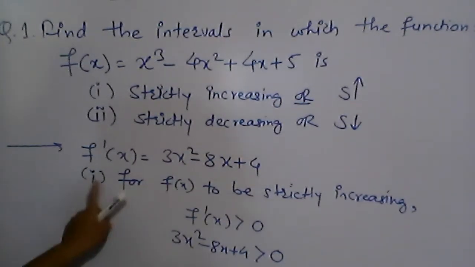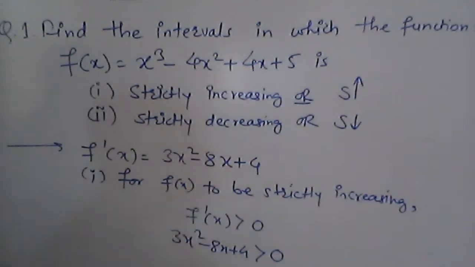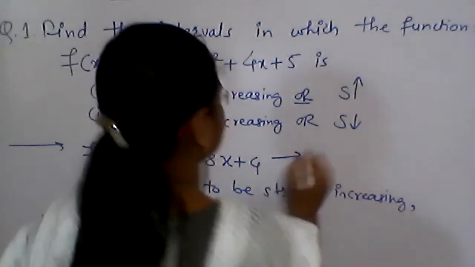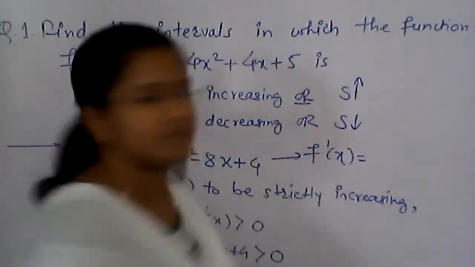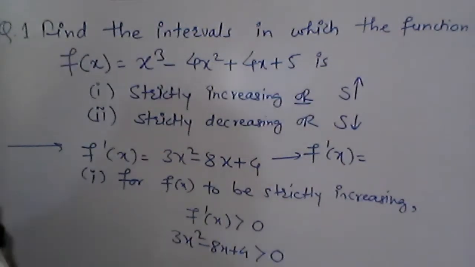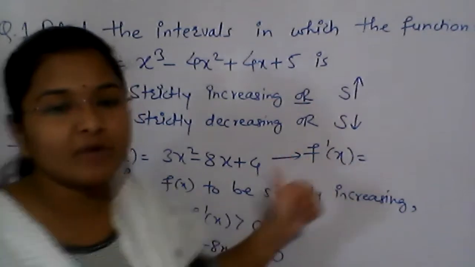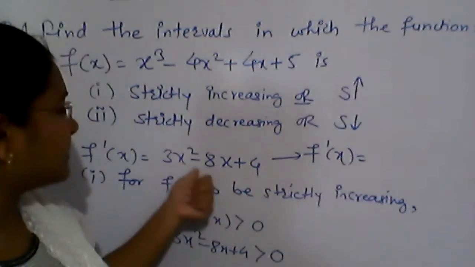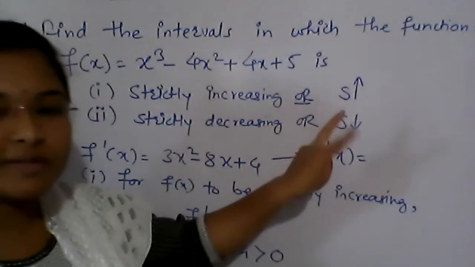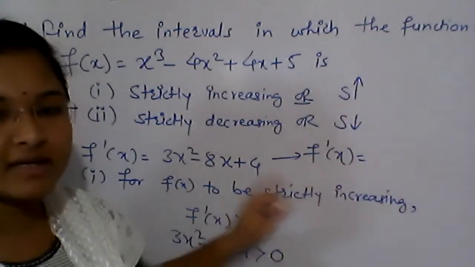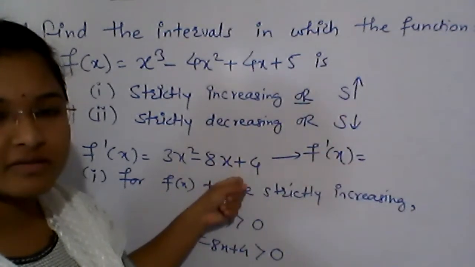Okay, f dash x factors. Minus 6 and minus 2. No, 6 and 2 are not the factors I am asking. I was asking what will be the factors, not the solution for x.